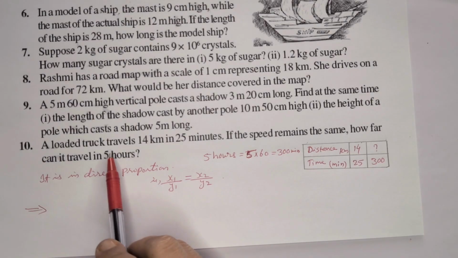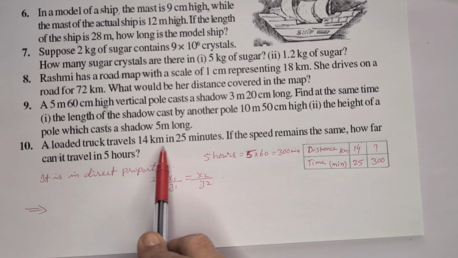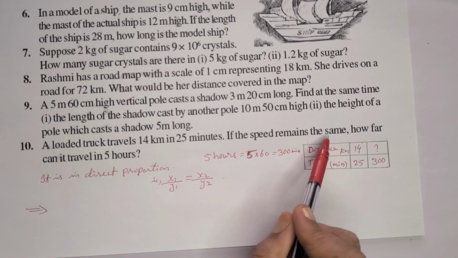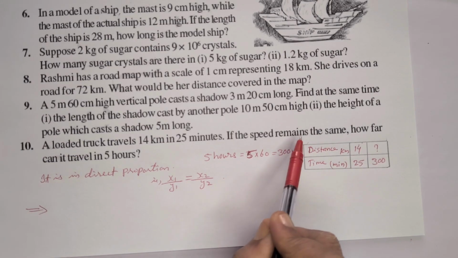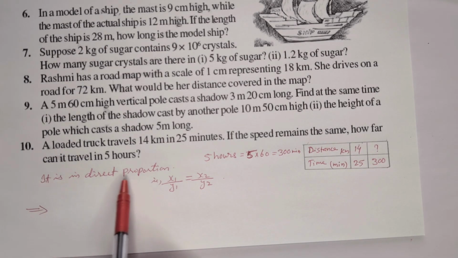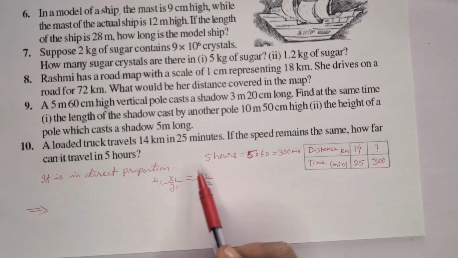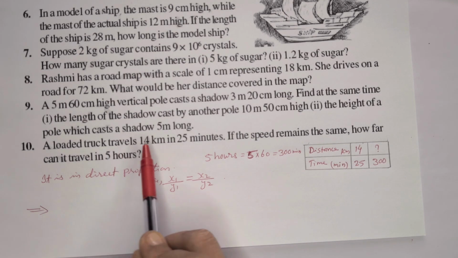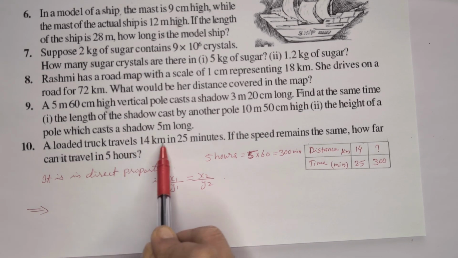Question number 10. A loaded truck travels 14 km in 25 minutes. If the speed remains same, then it is in direct proportion. Direct proportion, then the formula x1 by y1 is equal to x2 by y2. Here the traveling time and distance are given.